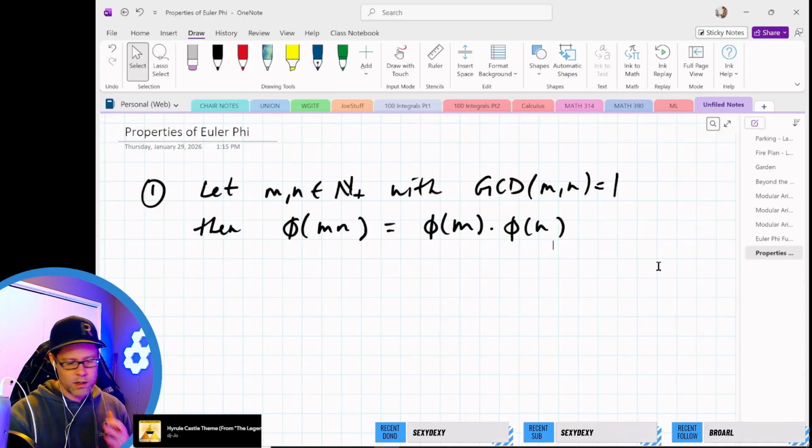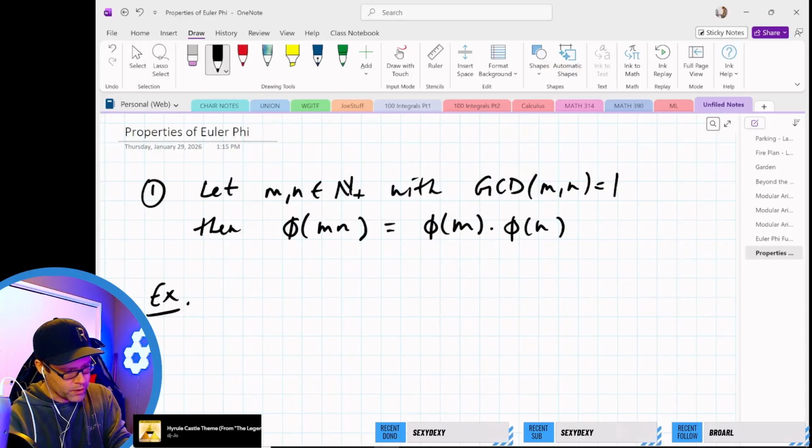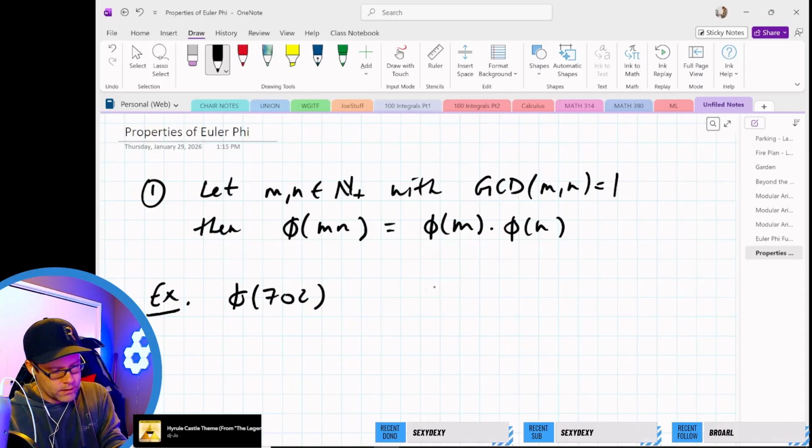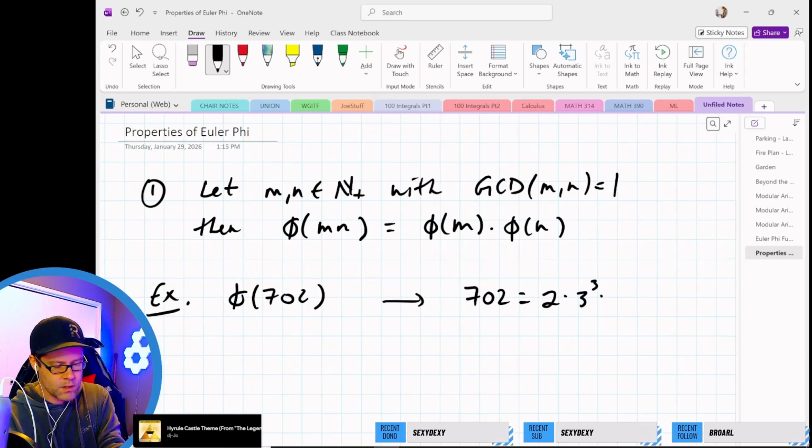For now, we're going to focus on taking a look at some smaller examples. And let's connect this one explicitly back to the last example that we just saw. So let's look at phi of 702. The way that we did it was we said 702 was 2 times 3 to the 3 times 13.